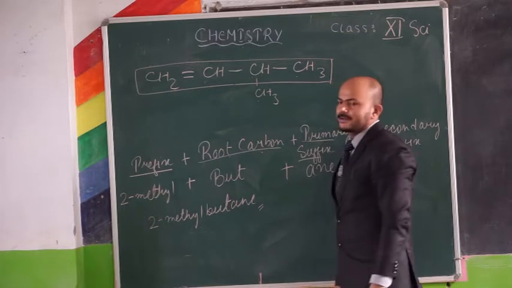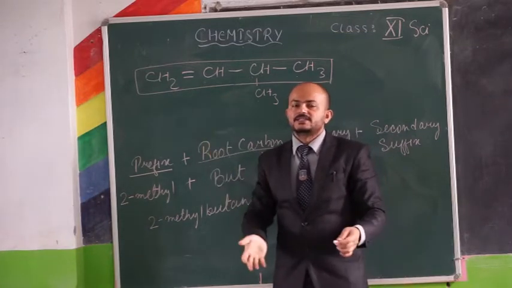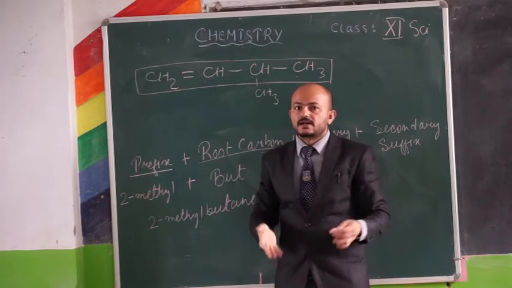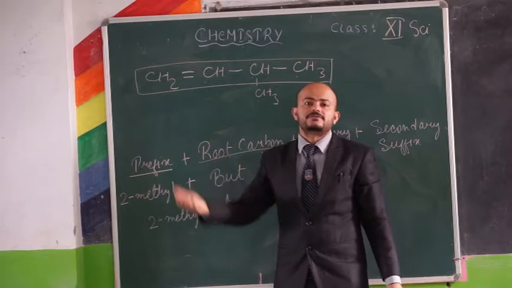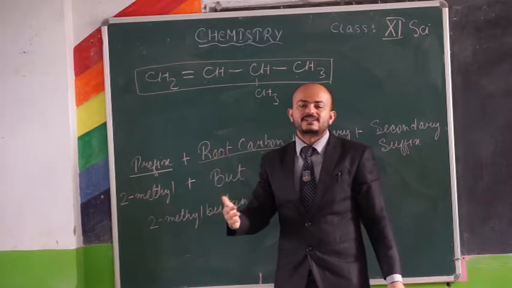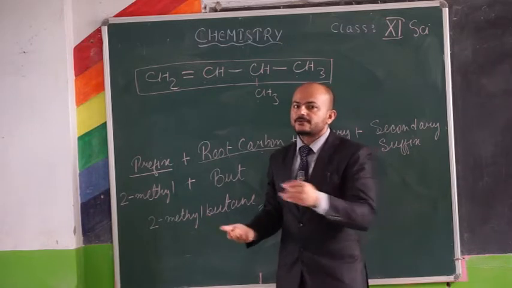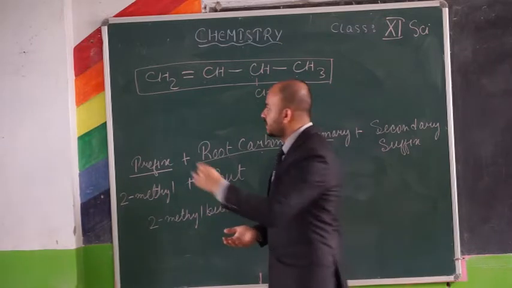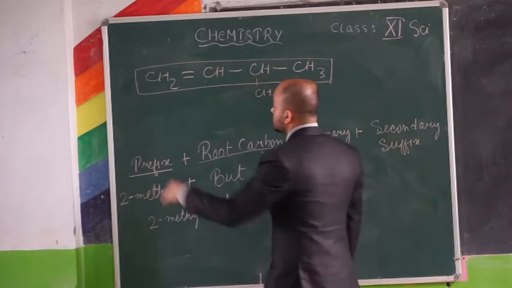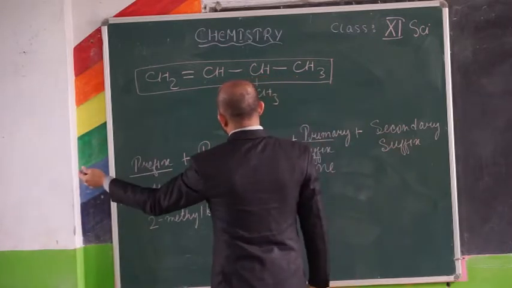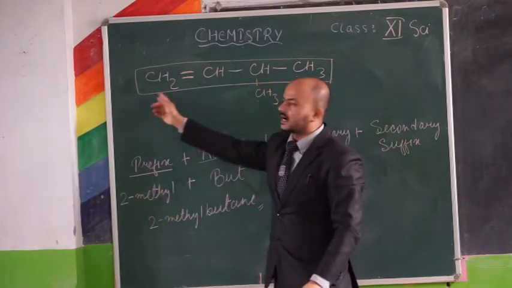Now after this, we have to start numbering. Numbering has to be done in such a manner that the double bond gets more preference. Okay? Double bond gets more preference. Therefore, you have to start numbering from either the left hand side or the right hand side, whichever makes the double bond come at the lower carbon number.